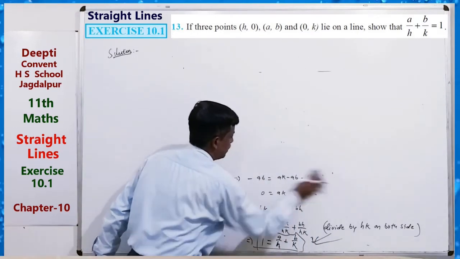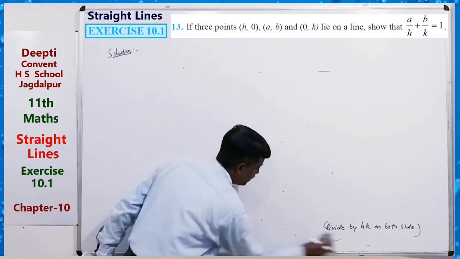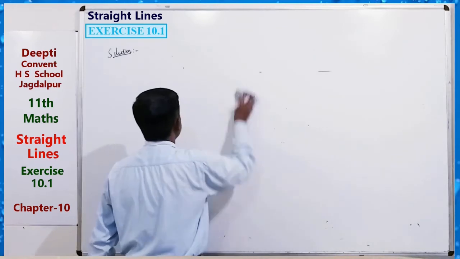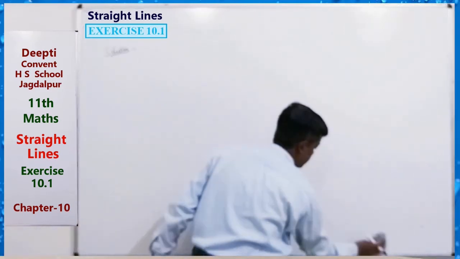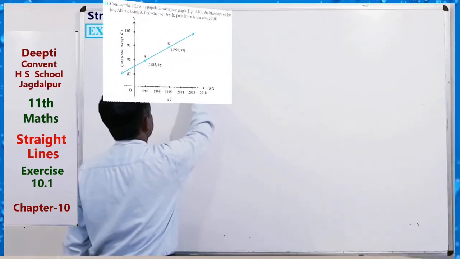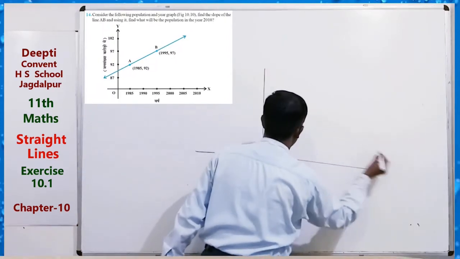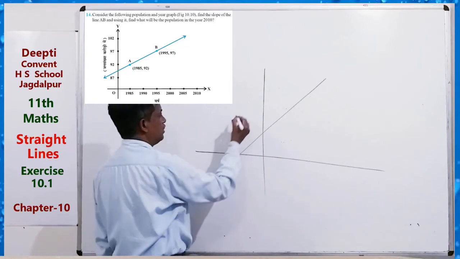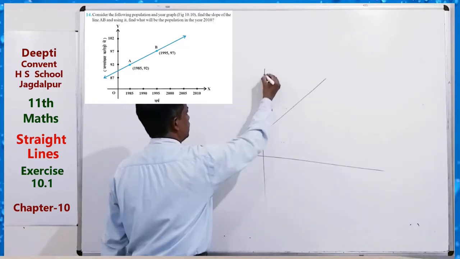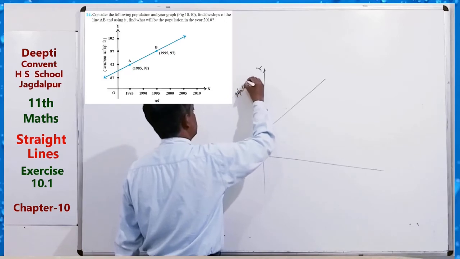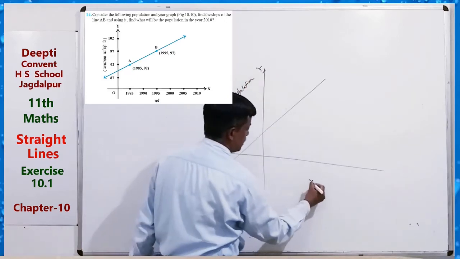Here the main thing is the diagram for question 14. This is a line given. On this axis is population and on this axis is year.